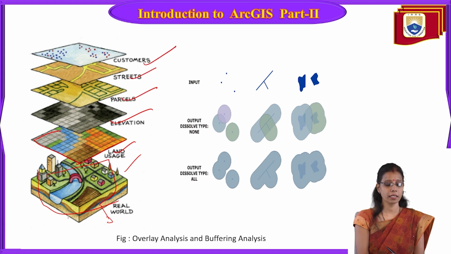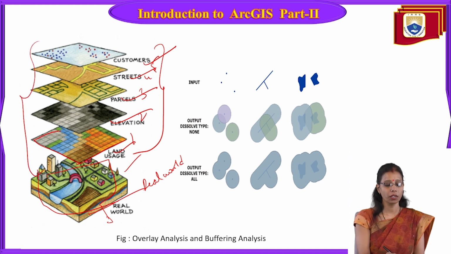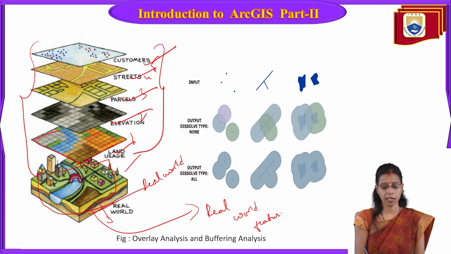All these layers are created from the real world and separated in the form of different layers, like first, second, third, fourth, and fifth layers. If you combine all of these together, you will get the real world features. This is called overlay.